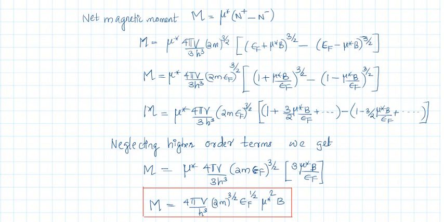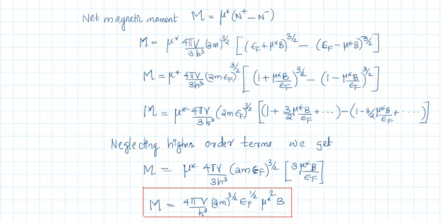So mu star into n plus gives the net magnetic moment in the direction of the field, and mu star into n minus gives the net magnetic moment opposite to the magnetic field. If two vectors are opposite, you can calculate the resultant by simply subtracting them. So the net magnetic moment will be mu star into n plus minus n minus. Substitute the values of n plus and n minus.